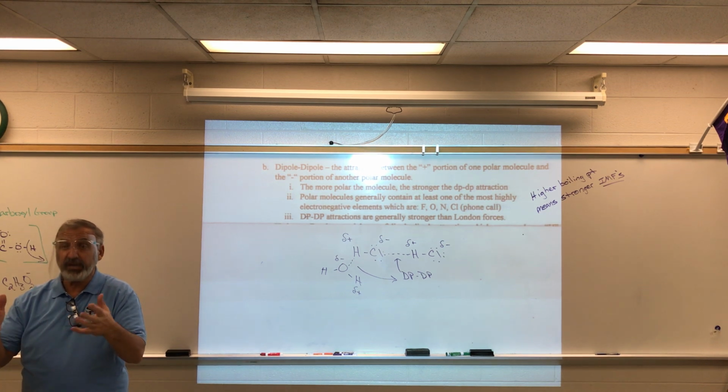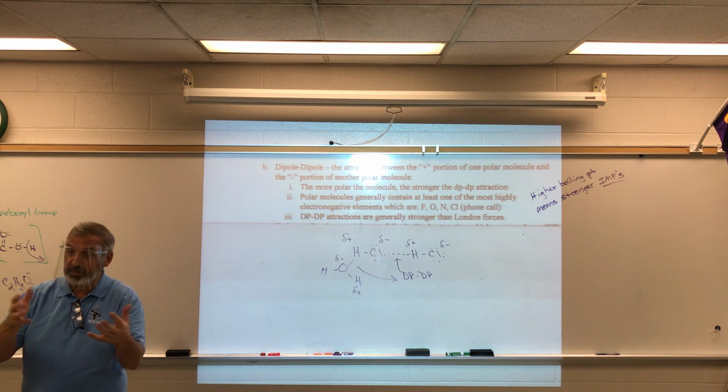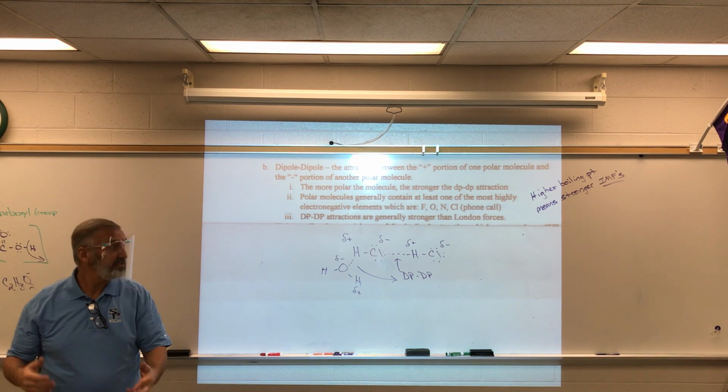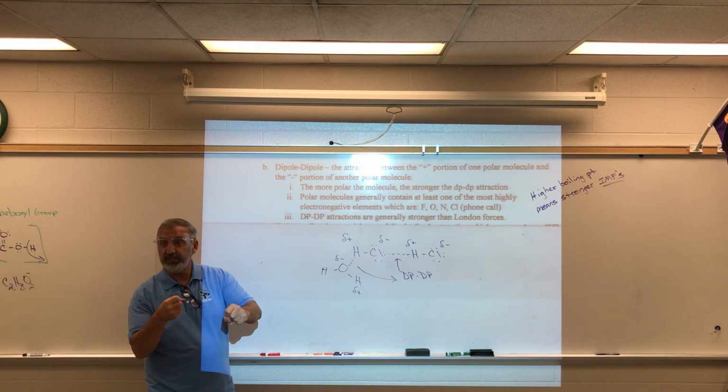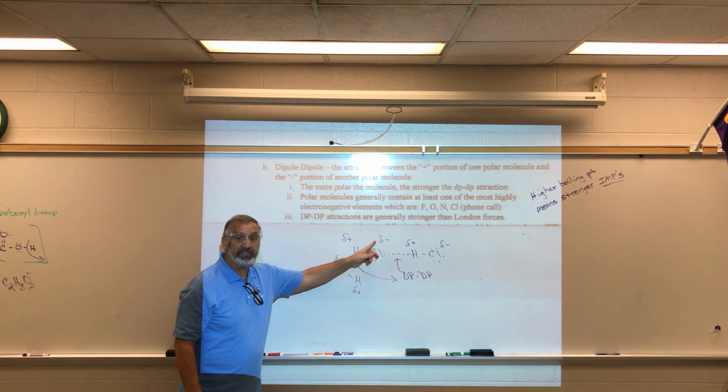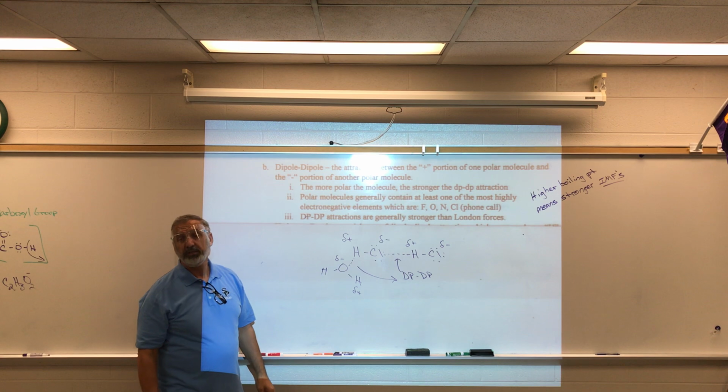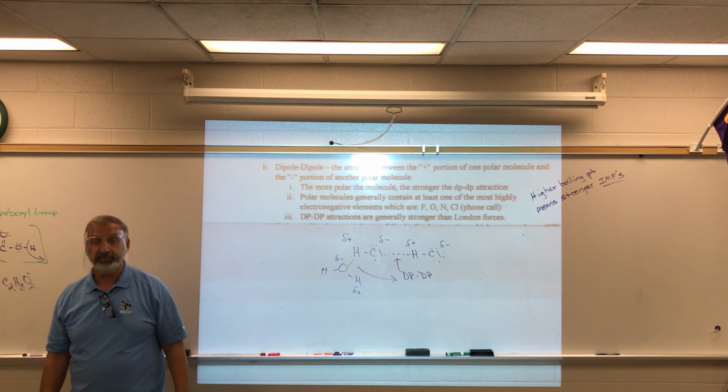They're both magnets. They both have a north and a south pole, just one stronger than the other. Same thing's going to happen with polar molecules. The bigger the difference in electronegativity, the more polar it is, the stronger the dipole-dipole is going to be.